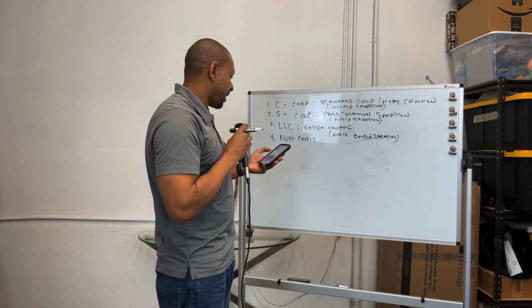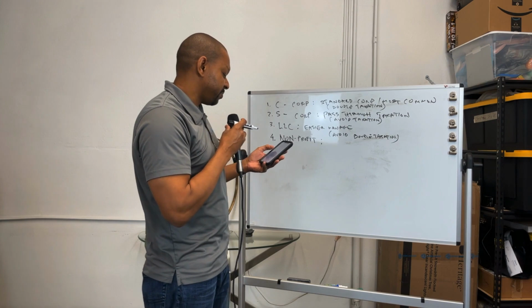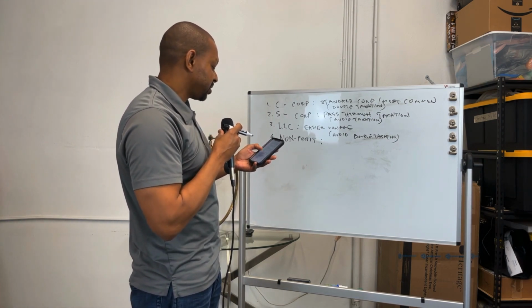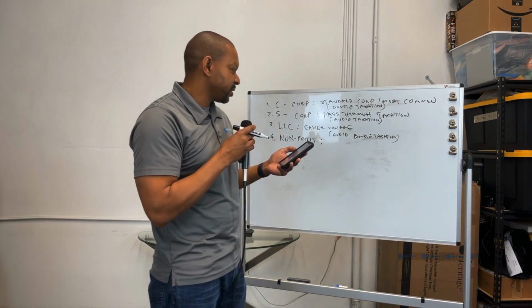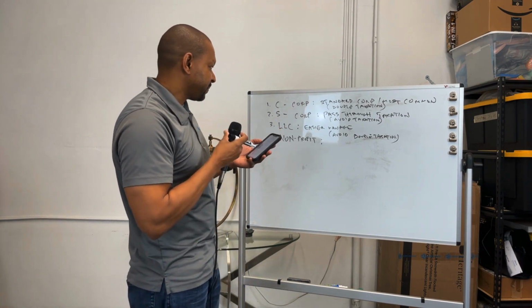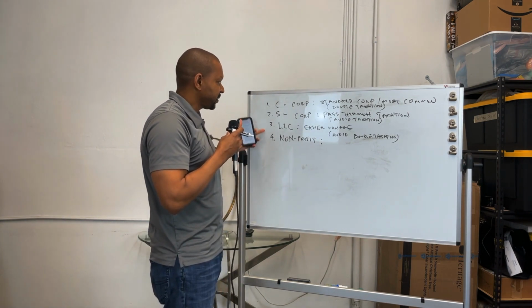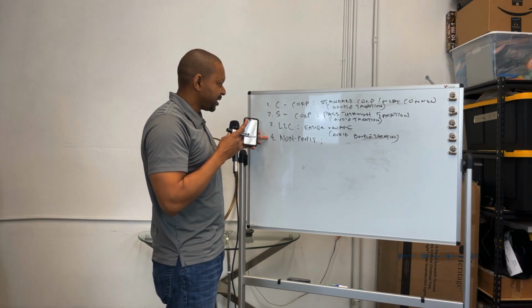Now the nonprofit tax considerations, you would be exempt from income taxes on activities related to their charitable missions, which helps maximize funds available for whatever cause you're having. So these are the top 4 corporation setups: the C corp, the S corp, the LLC, and the nonprofit.